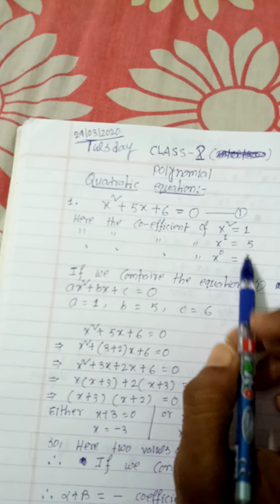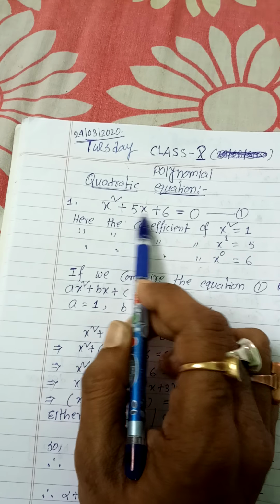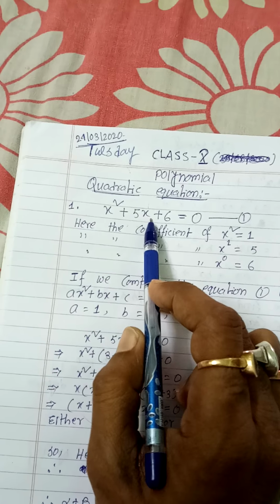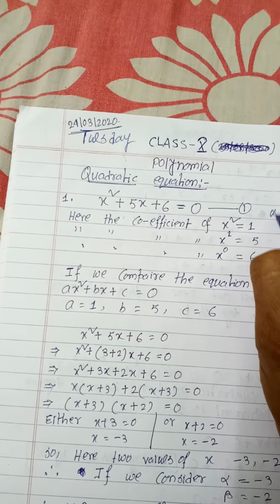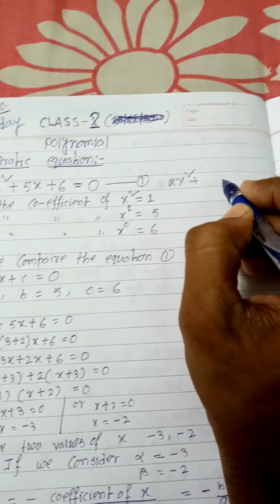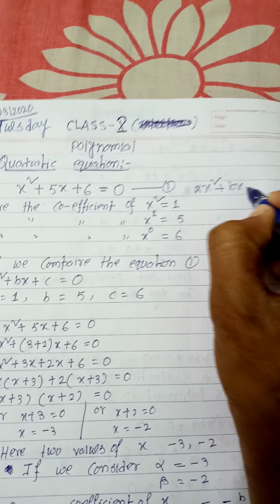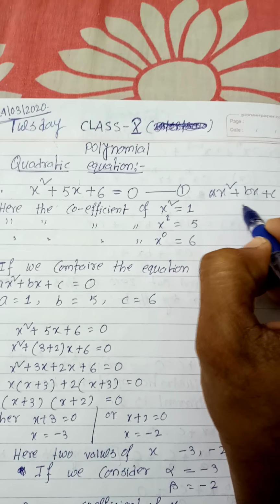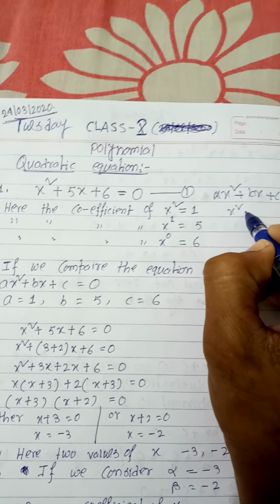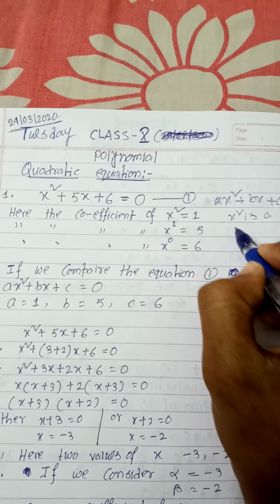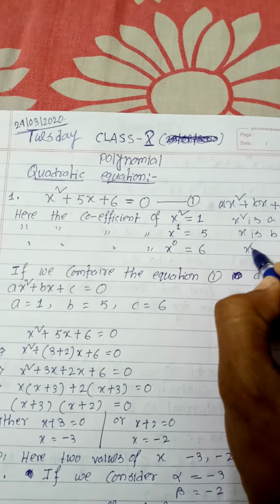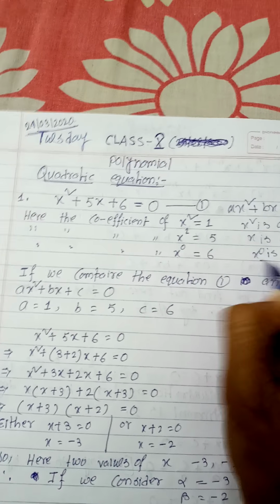I repeat, students, first look at your equation and compare it with ax square plus bx plus c equal to 0. Then the coefficient of x square is a, the coefficient of x is b, and the x to the power 0 term is c.